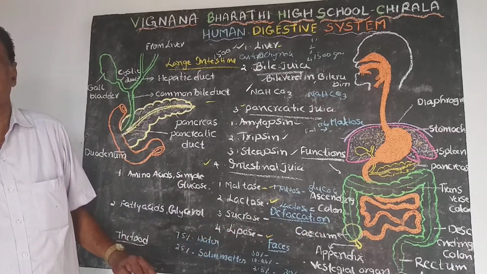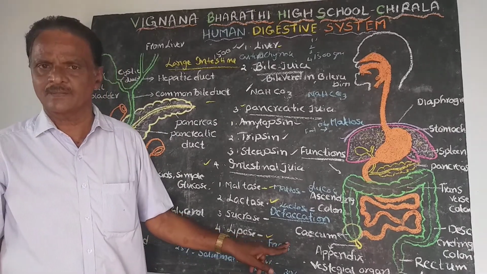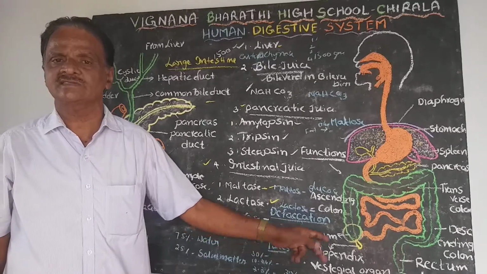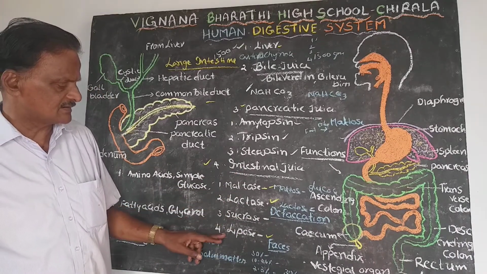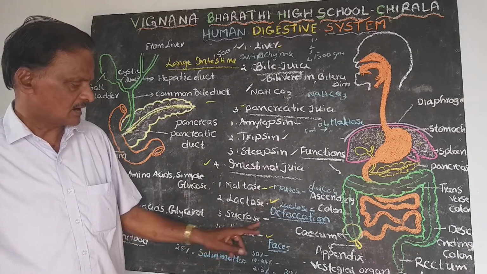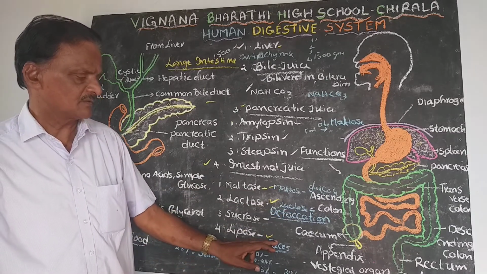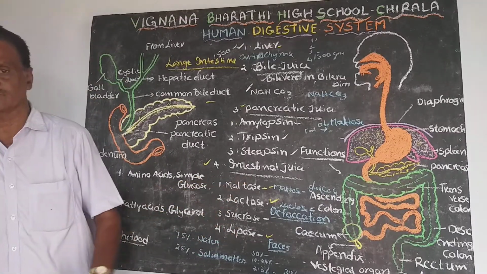The last one, lipase, digests fat, converting it into fatty acids and glycerol. These are all important changes in the intestinal juice.